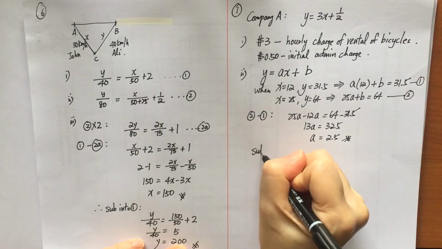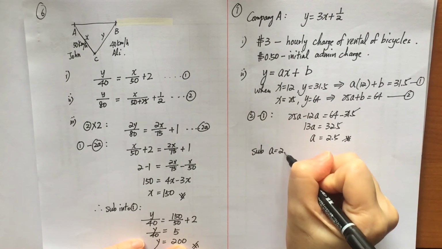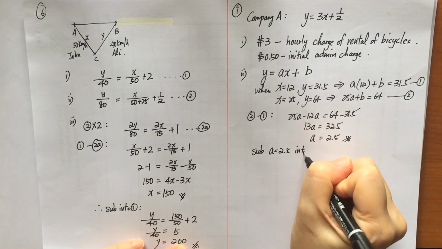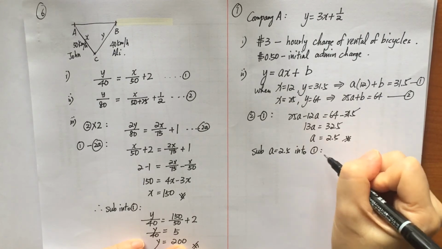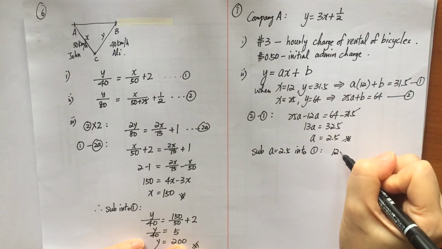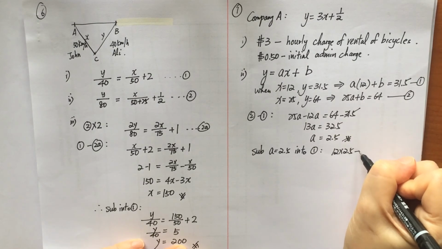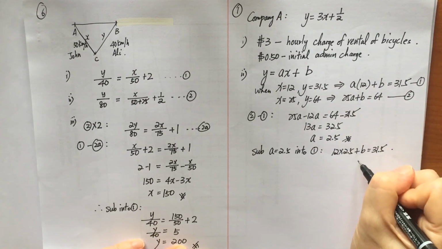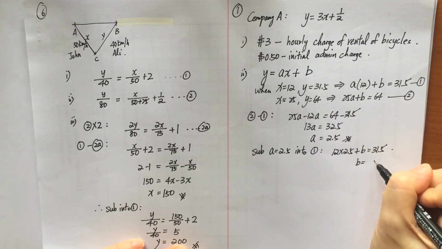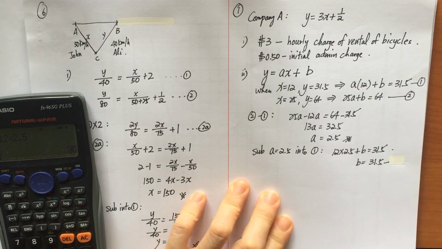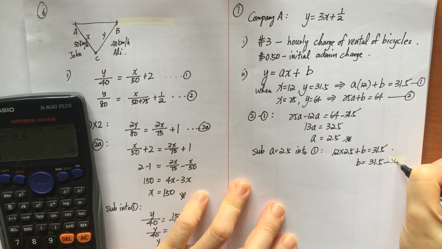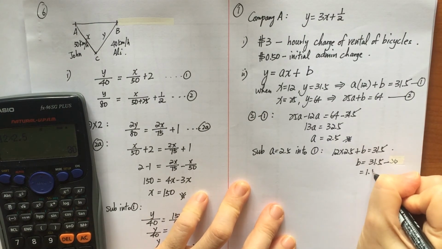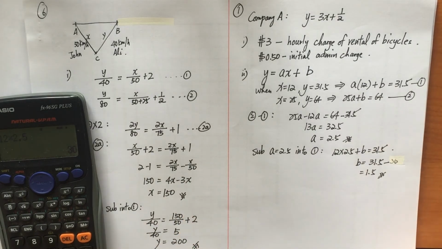We substitute a equals 2.5 into equation 1, so we have 12 times 2.5 plus b equals 31.5. So b equals 31.5 minus 30. So b is 1.5, which is also the same answer.